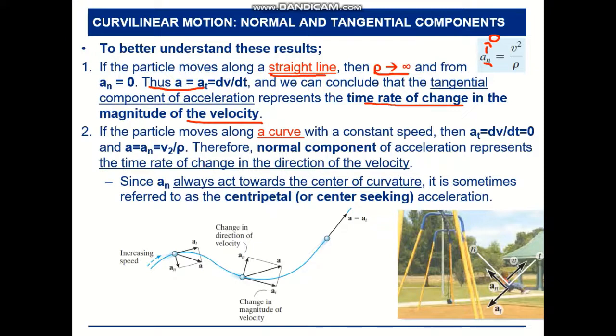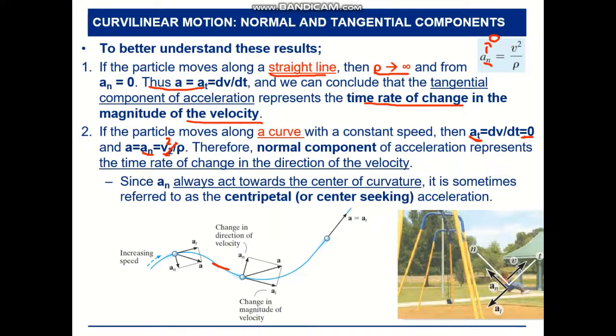But what we are doing right now is curvilinear motion, which is a curved path. If the particle moves along a curve with a constant speed, then the tangential acceleration goes to 0. We know that if the velocity is constant, the acceleration is 0, right? But in curvilinear motion, tangential acceleration is 0, but the normal acceleration is not 0, because you take the velocity square over the radius of curvature in order to find the normal acceleration.